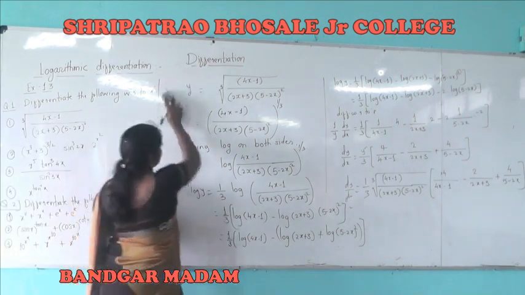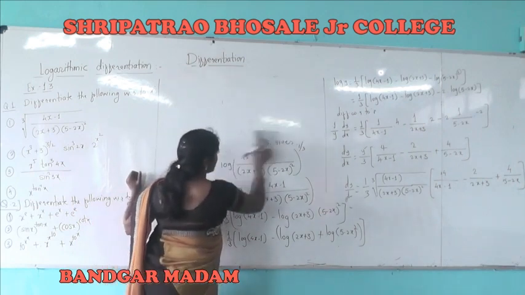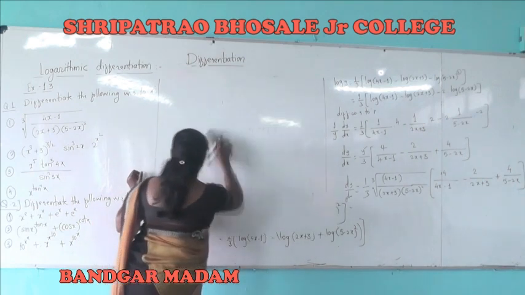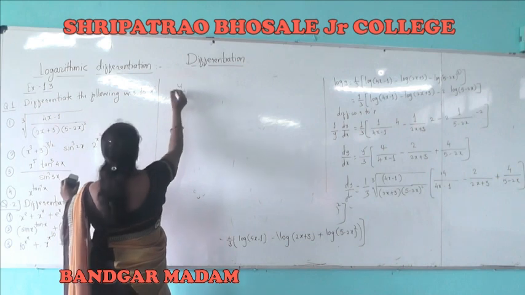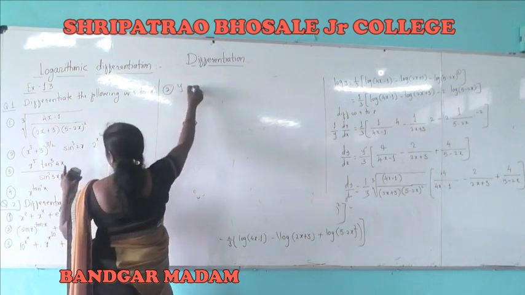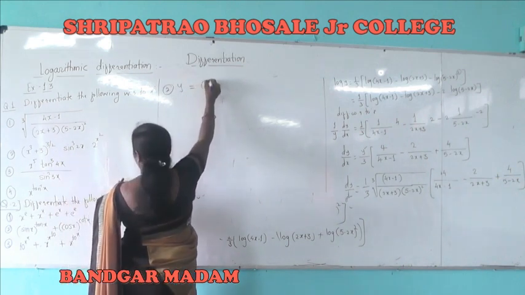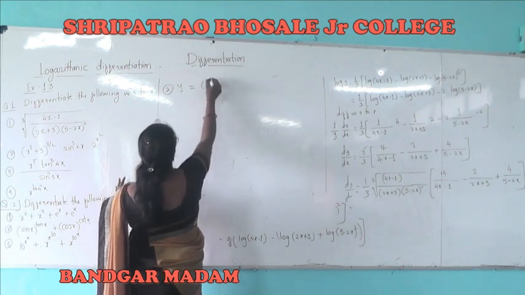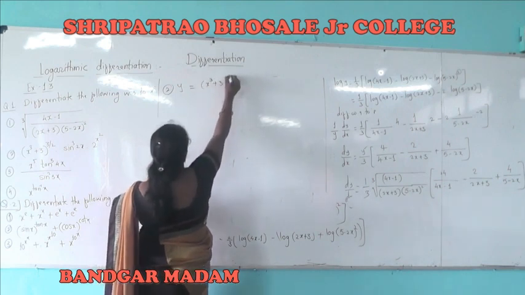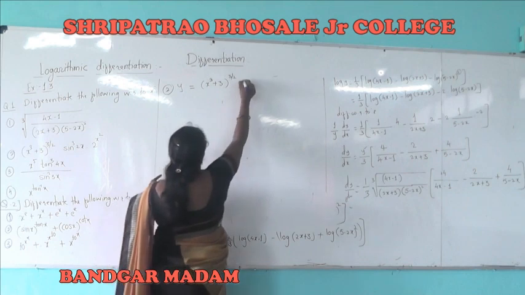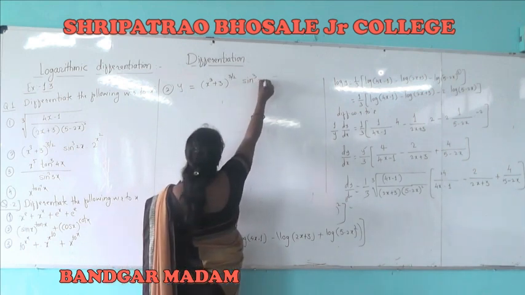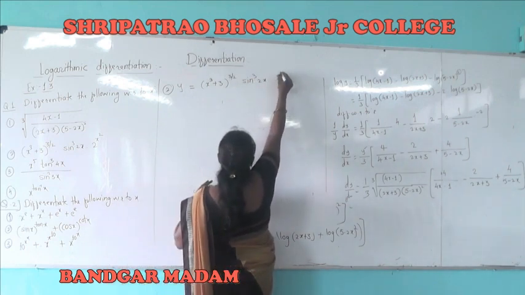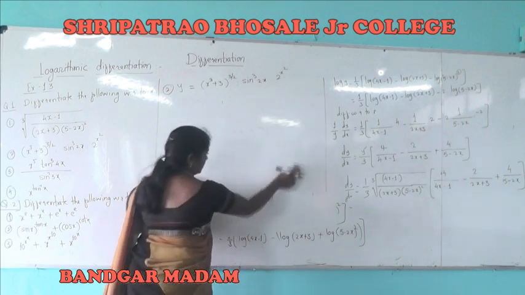Second example, y is equal to x cube plus 3 raised to 3 by 2 into sin cube 2x into 2 raised to x square.